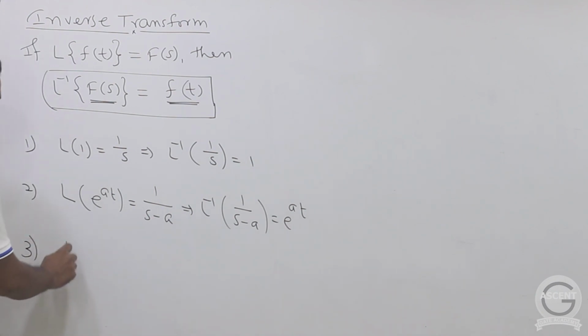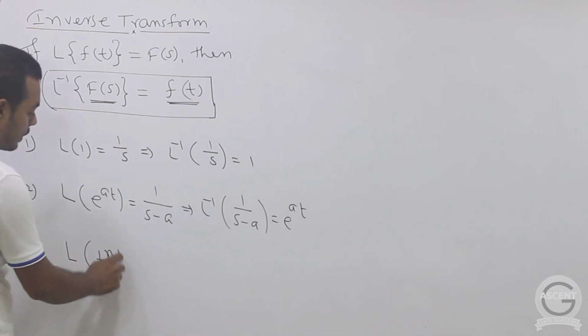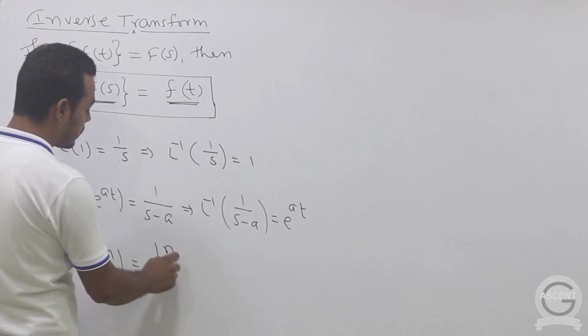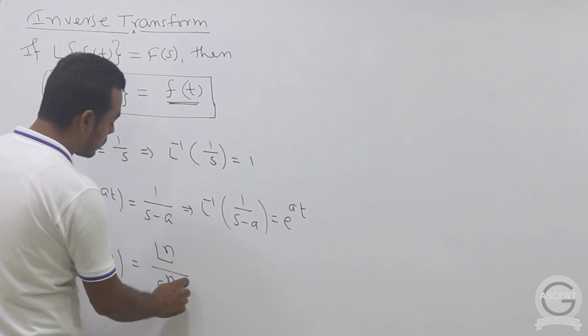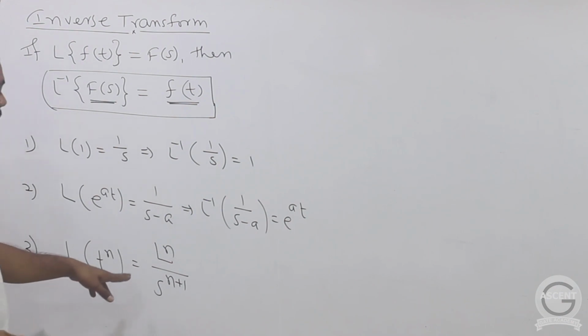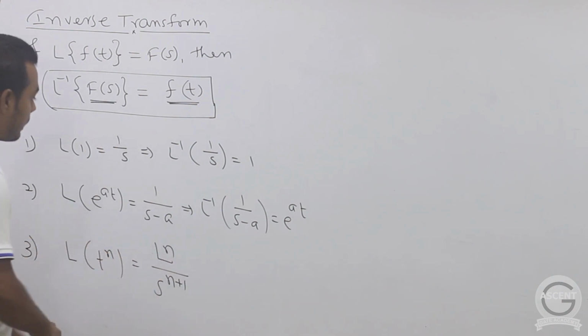Similarly, our third result was Laplace transform of t^n, this was n!/s^(n+1). Obviously this was the formula when n is any positive integer.